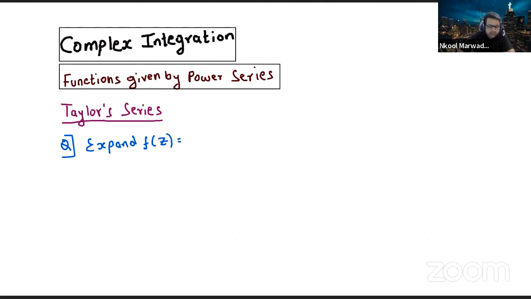So f of z is equal to 1 upon (z plus i) whole square. And we have to make use of Taylor series for this expansion. Using the Taylor series, we have to expand this function. And whenever we apply the Taylor formula, it is always good to specify the point about which we want to expand it. About z is equal to minus i.